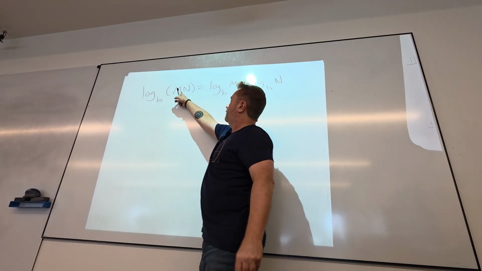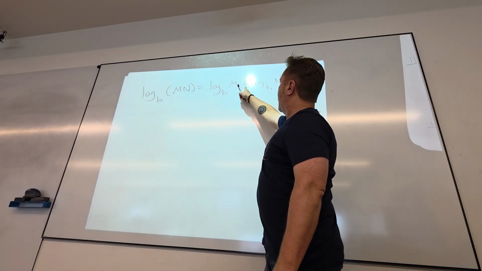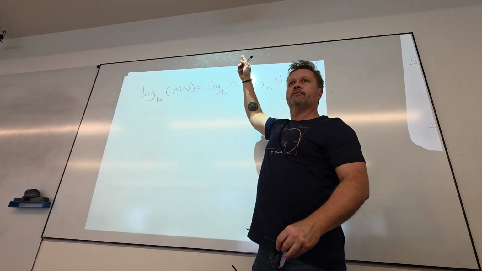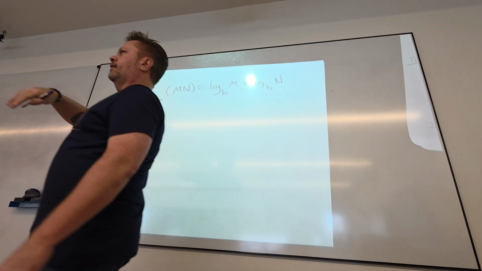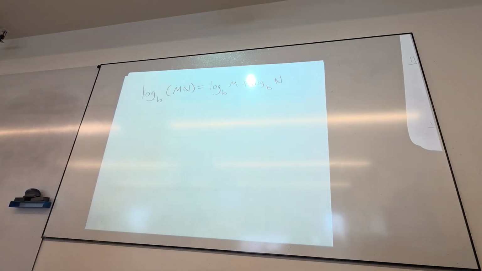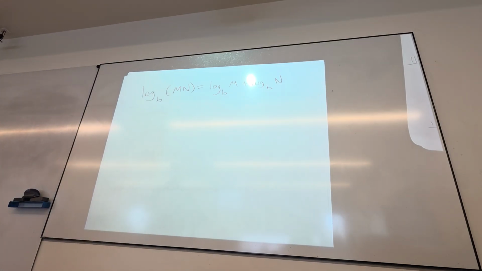We proved this one last time. I think I used different letters, but it's the same idea. You guys with me? Let me stop for a minute. Okay. This looks weird, but it's just because logs are weird. And they act the same way exponents do.